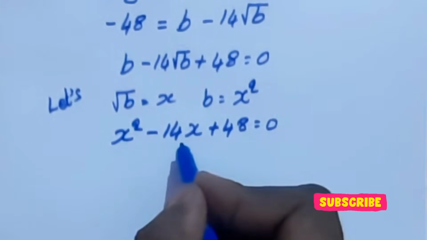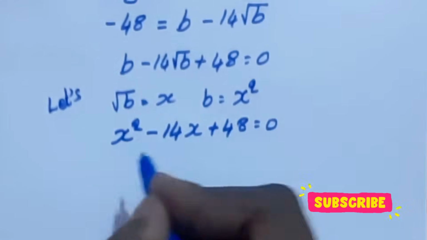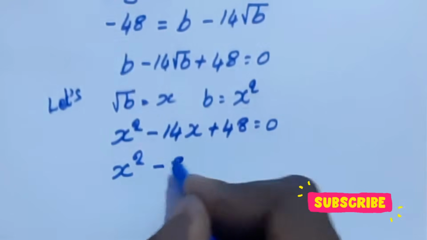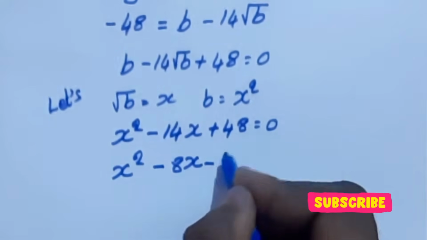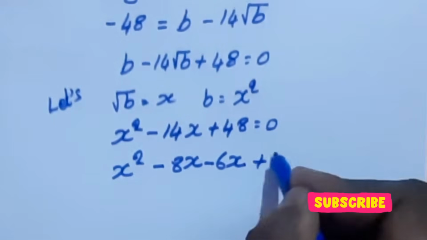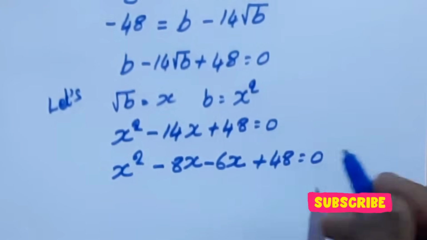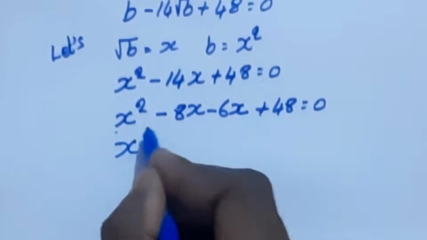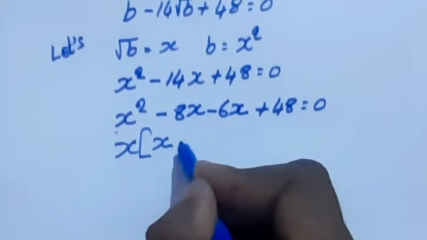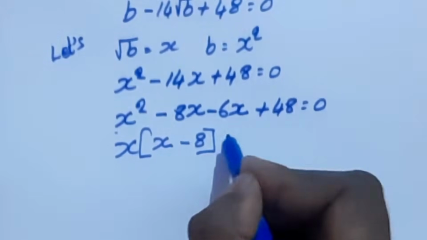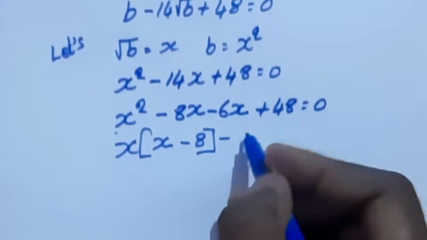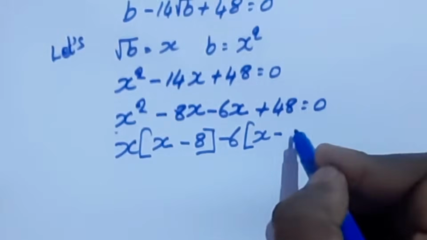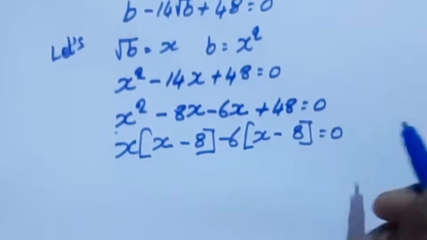Now this 14x can be written as x square minus 8x minus 6x plus 48 equal to 0. Now x common from this, so x open bracket, x minus 8 close bracket. Here minus 6 we are going to take, so minus 6, x minus 8 equal to 0.